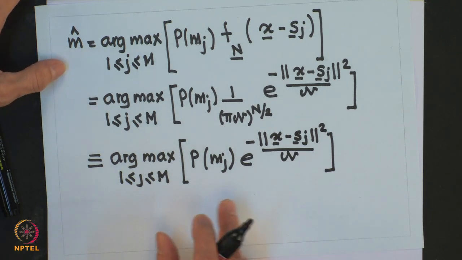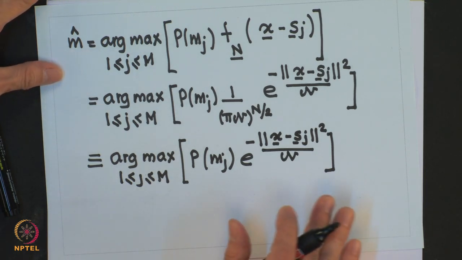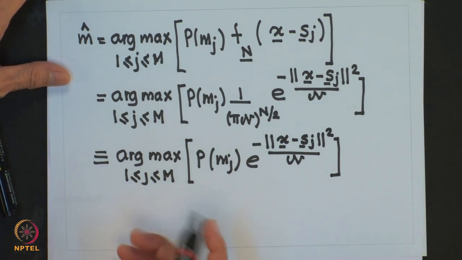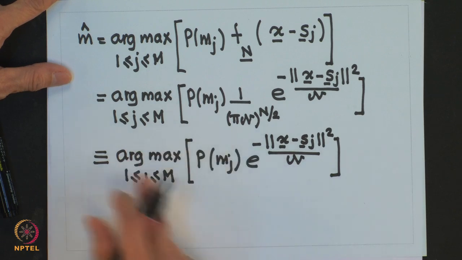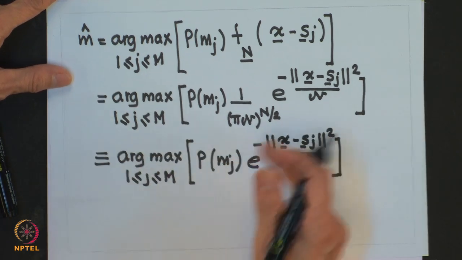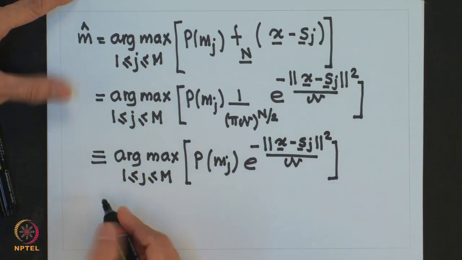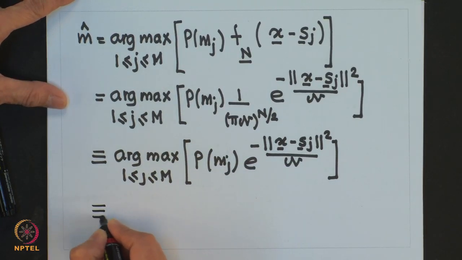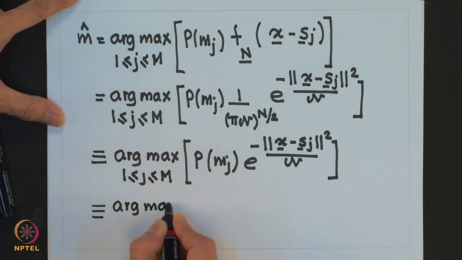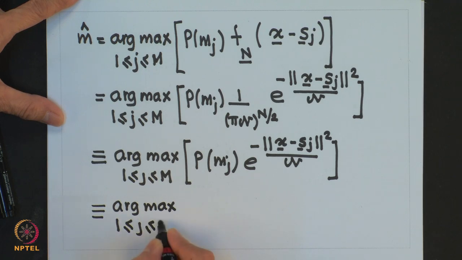Now, we know that the log function is a monotonic function of a positive argument. So, we could take the log of this function and use it for our decision rule. The reason for that will become clear: the expression gets a little simplified.